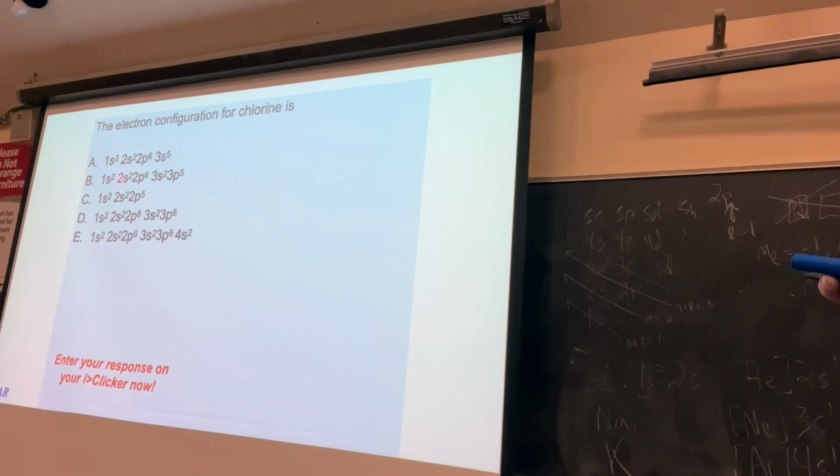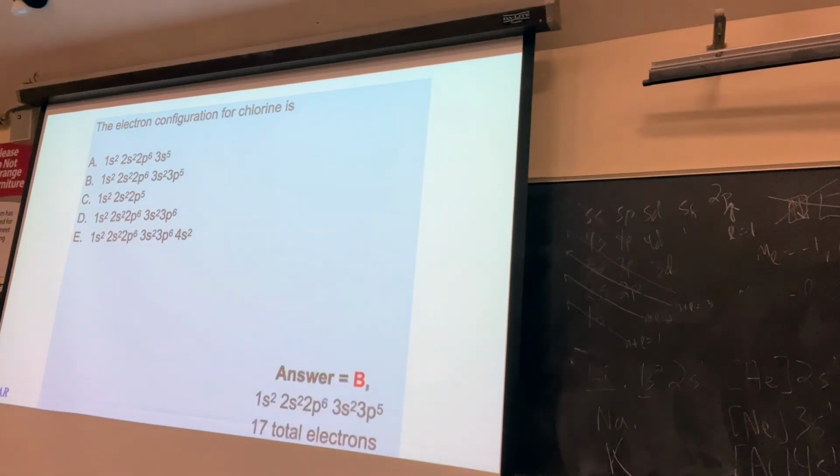So 2, 4, 10, 12, 17, that's 17 electrons. Either way, you should find that answer B is the electron configuration for chlorine. And if you write that as neon in brackets, 3s2, 3p5, totally cool with me.